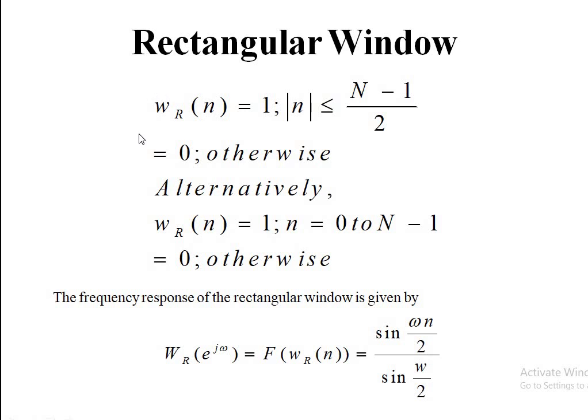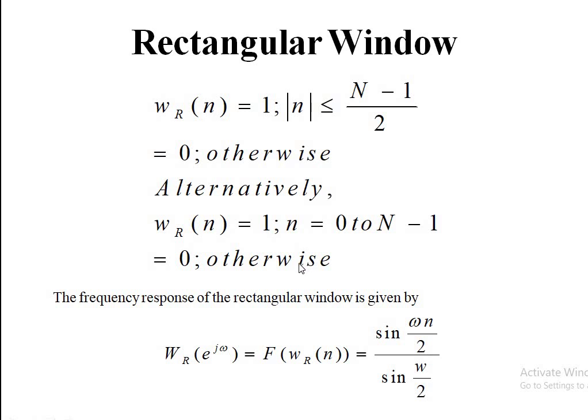Whenever we have odd values of N, generally we use this equation for the windowing sequence. Alternatively, to represent the window for both odd and even values of N, we use this definition: WR of n equal to 1 for n equal to 0 to N minus 1, and 0 otherwise.